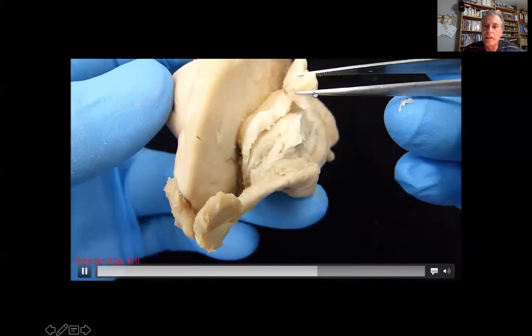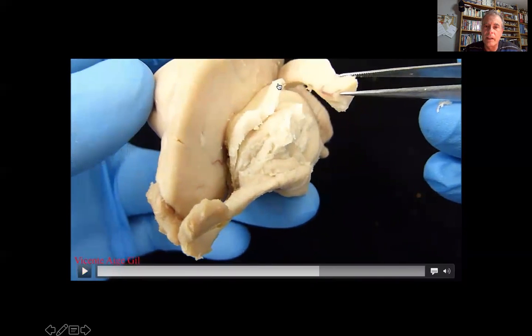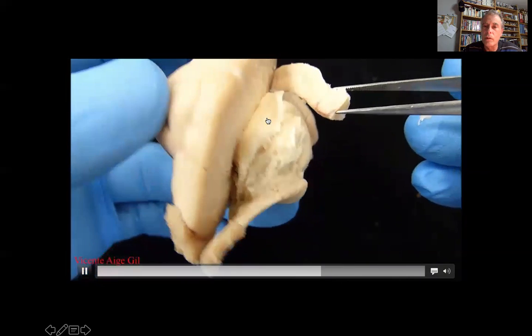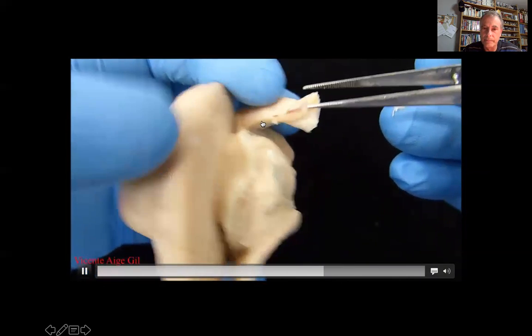We remove the cingulate gyrus and we identify here the corpus callosum, commissural fibers.